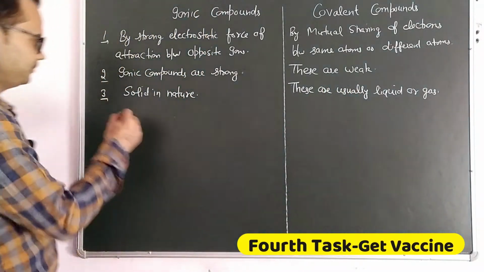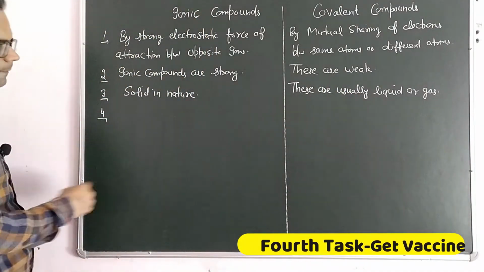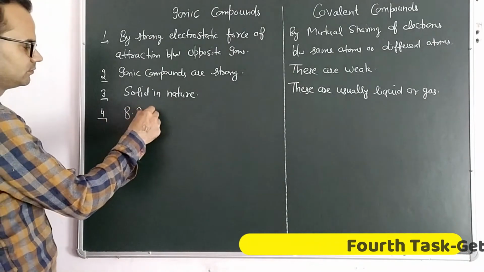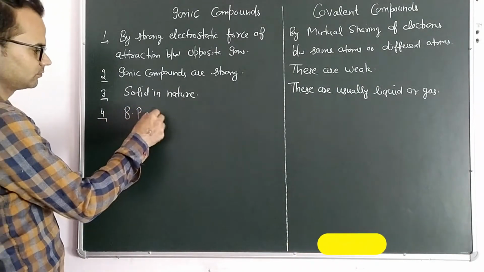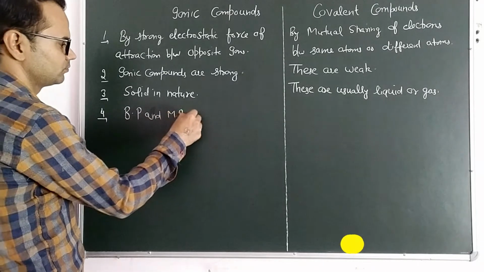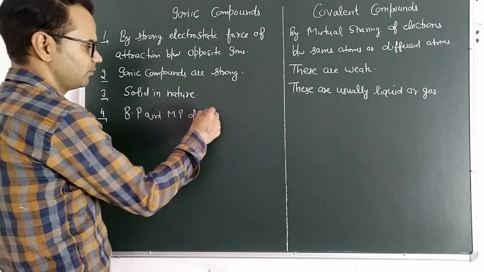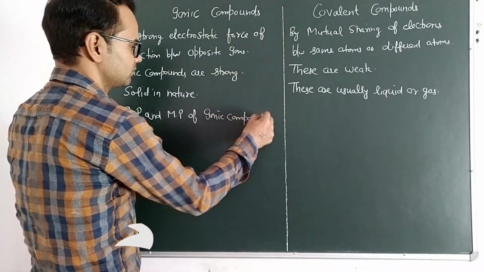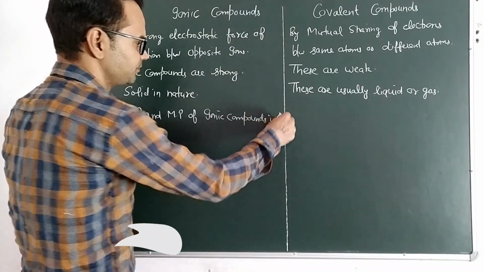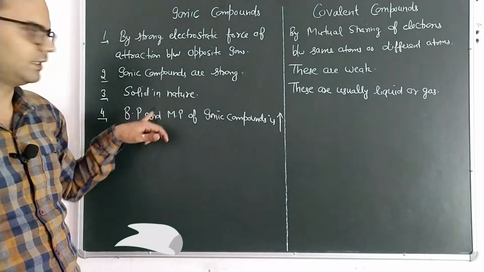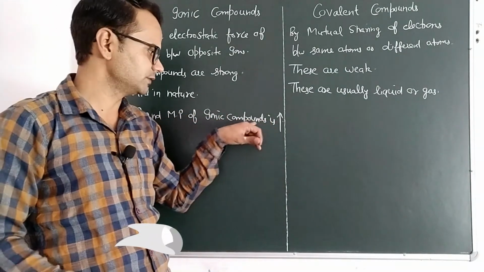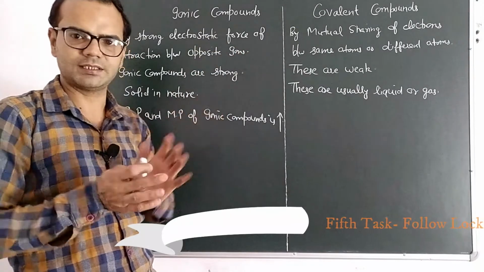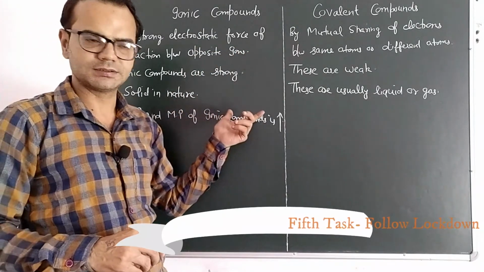Next is boiling point and melting point. For ionic compounds it is high. The boiling point and melting point of ionic compounds is high due to, again, the strong electrostatic force of attraction and systematic arrangement of ions.